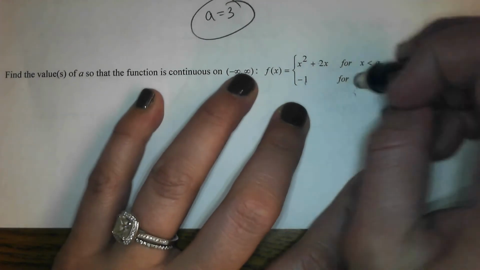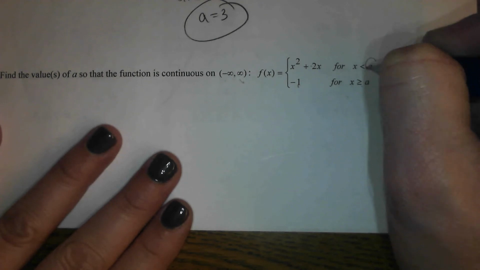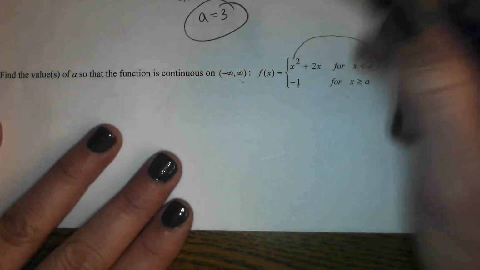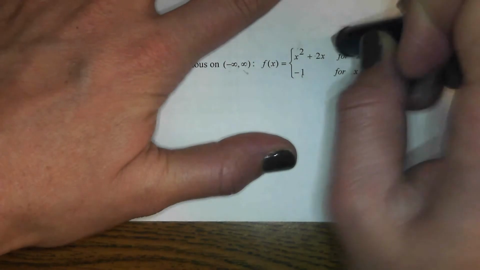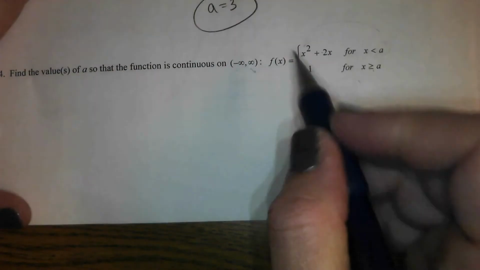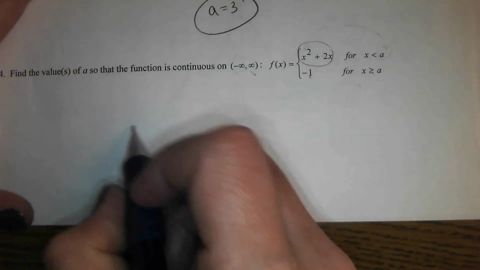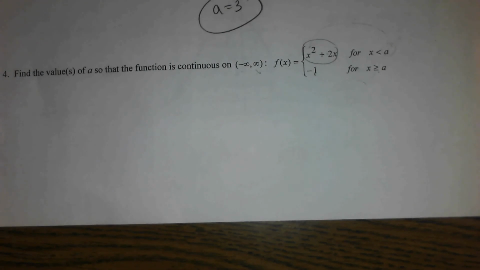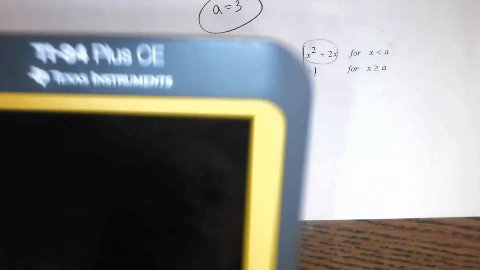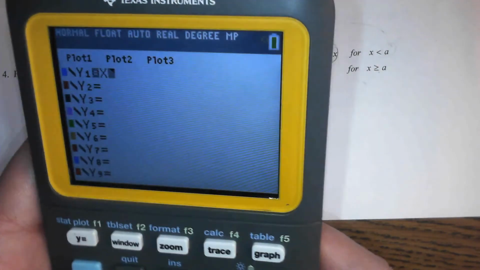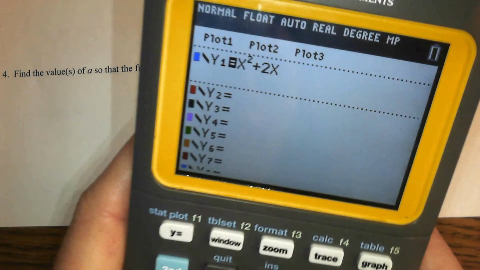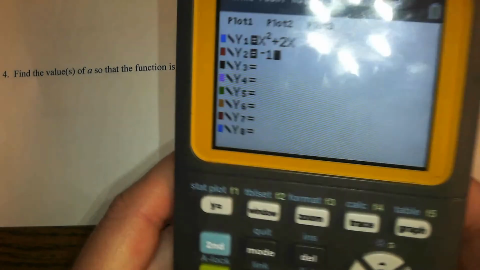So if I plug in a, and actually let me show you what visually is happening, not that you'd ever do this, but this one is a parabola. I'll show you on a calculator. X squared plus 2x. There's the parabola and here's the line.